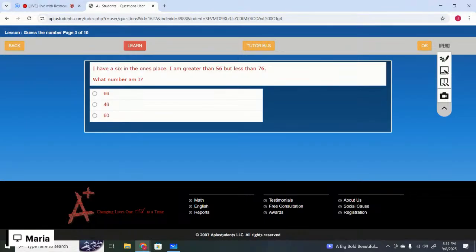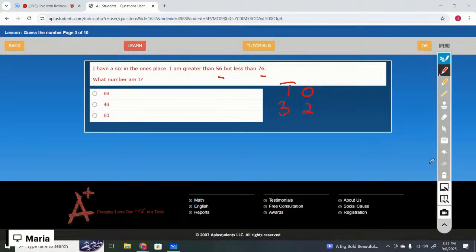I have a 6 in the ones place. I'm greater than 56 but less than 76. So we have a 6 at the ones place, right? And the numbers are between 56 and 76. So which number is it?